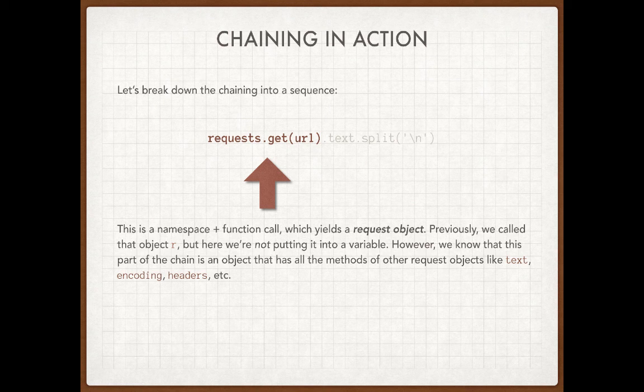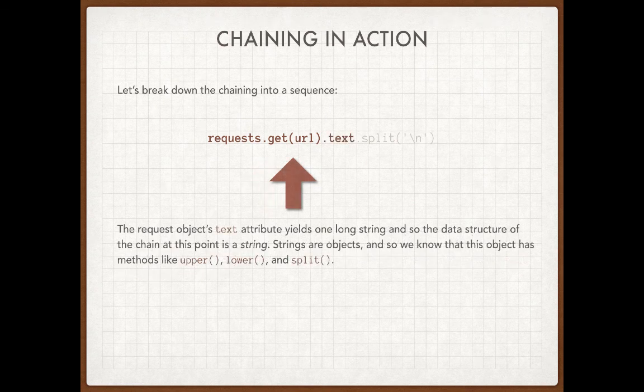Now, that request object, I can get the encoding, I can get the headers, or I can get the text. The request object has a text property, or a text attribute. So I know that that thing on the left will produce an object that has a text attribute. And now I know what that gives me back.